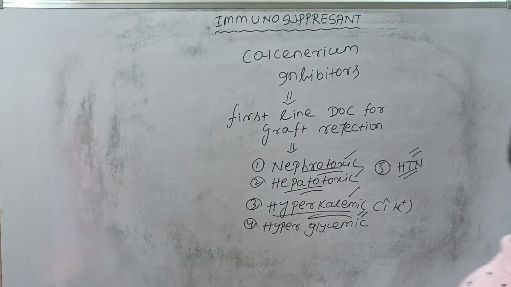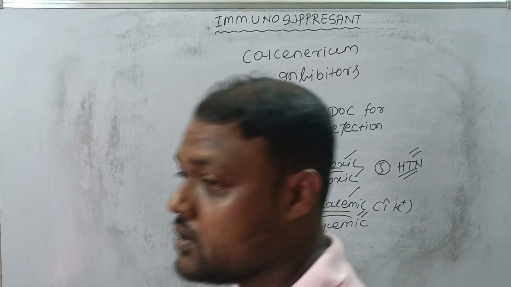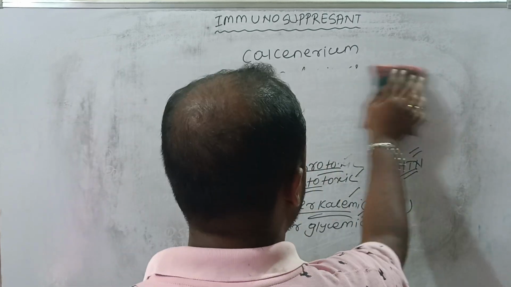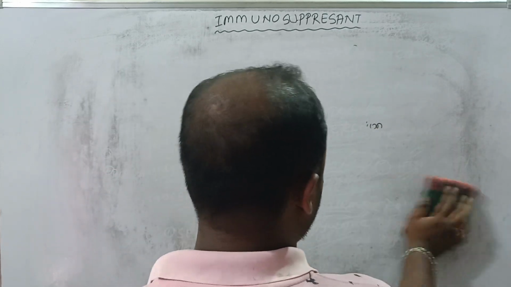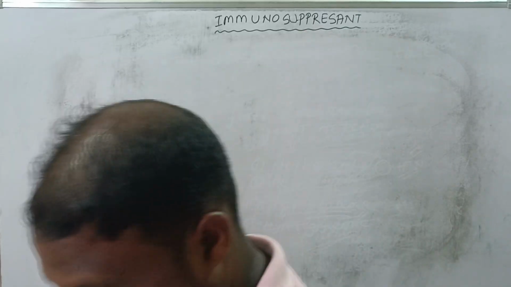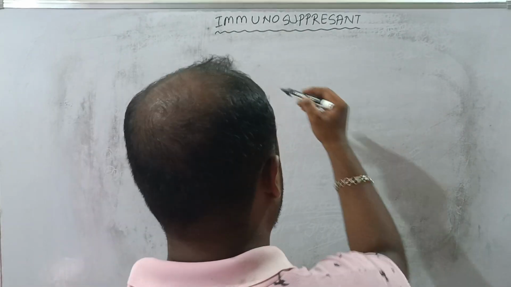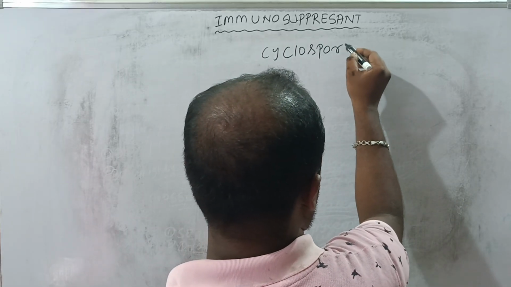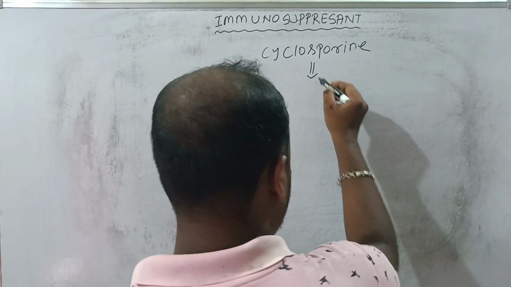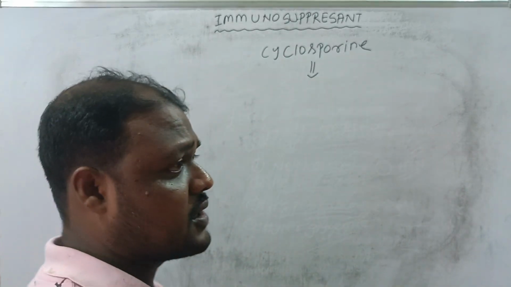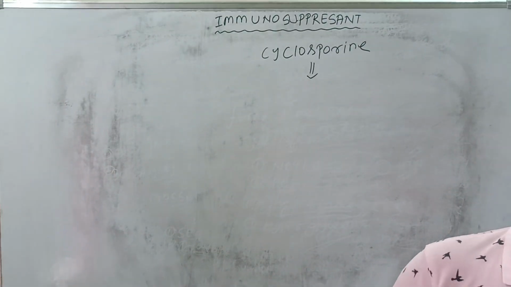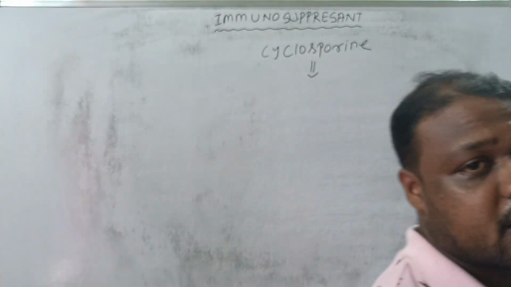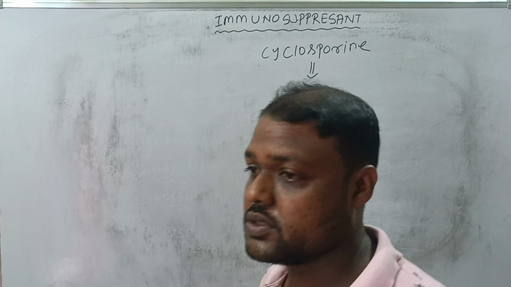Then cyclosporine. Cyclosporine is also an immunosuppressant, and it is also used as the second line drug of choice in graft rejection.